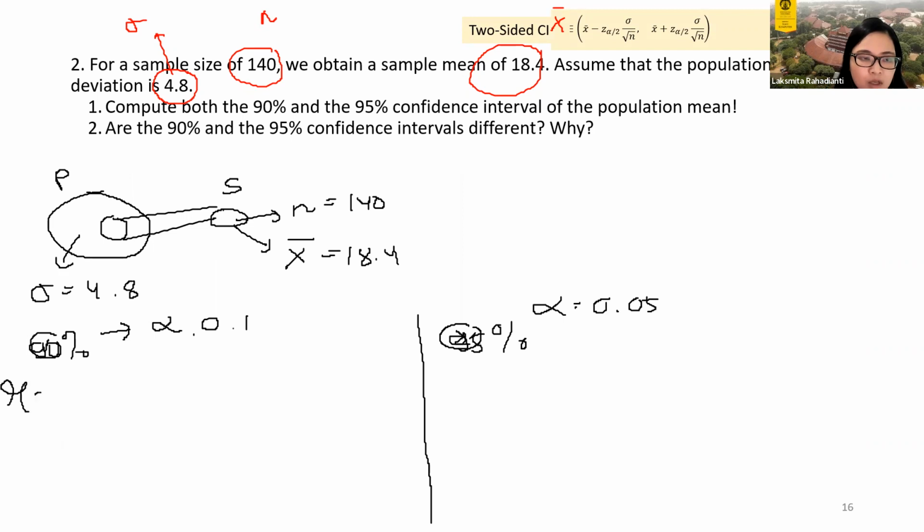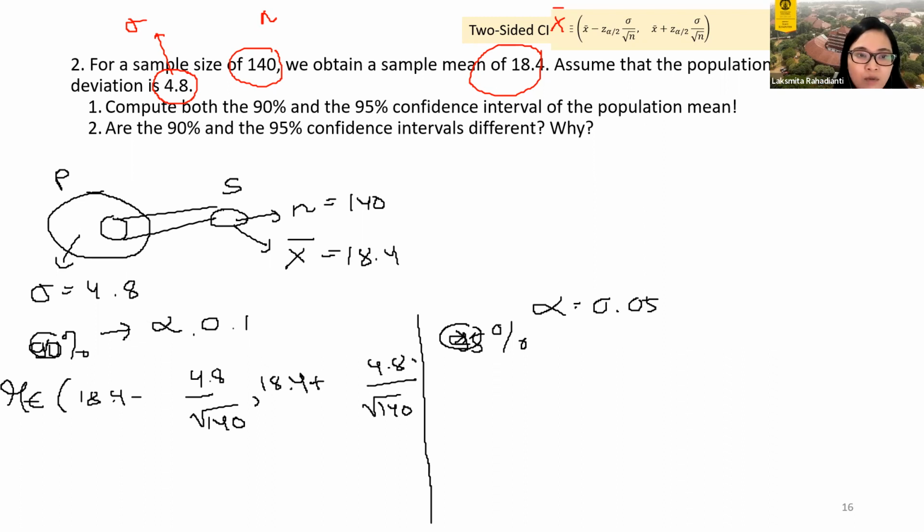My mean should be in an interval of x bar, 18.4, minus, I'll skip the z alpha for now, and here is my standard deviation, 4.8, divided by square root of n. And the other end is 18.4 plus, I'll skip the z, 4.8 divided by square root of 140.